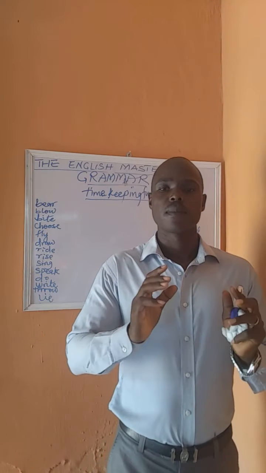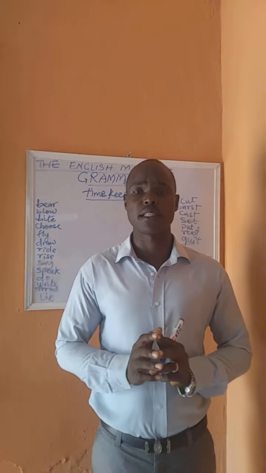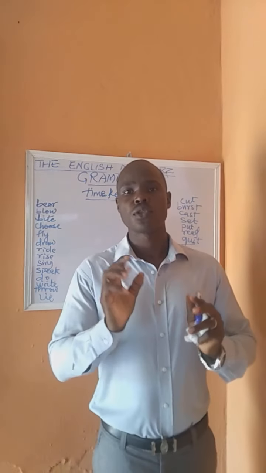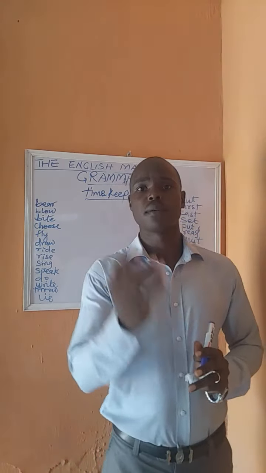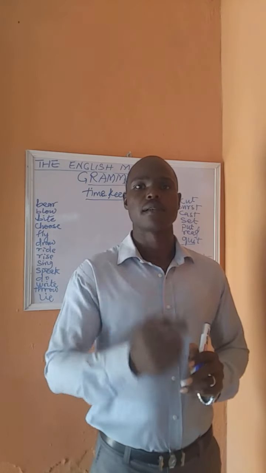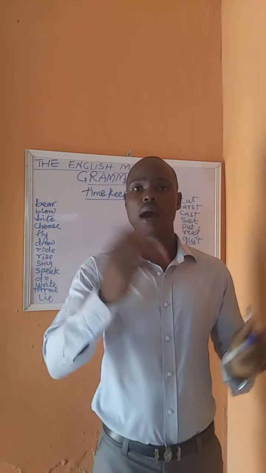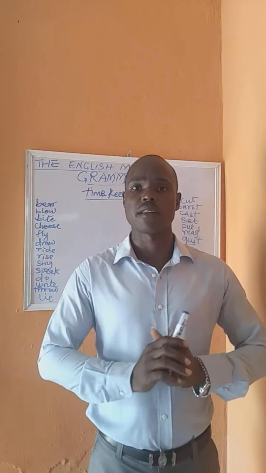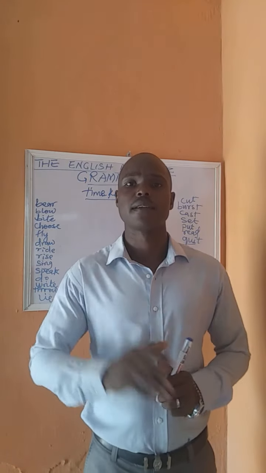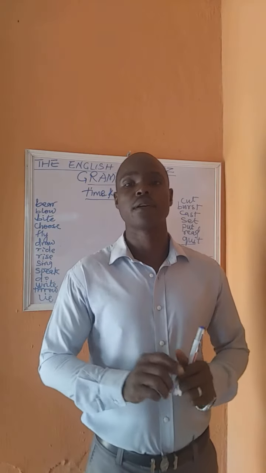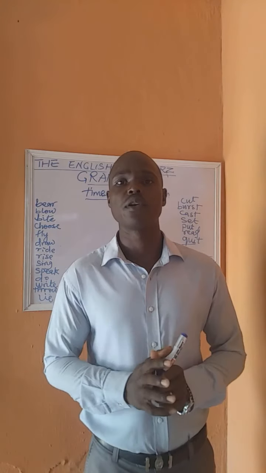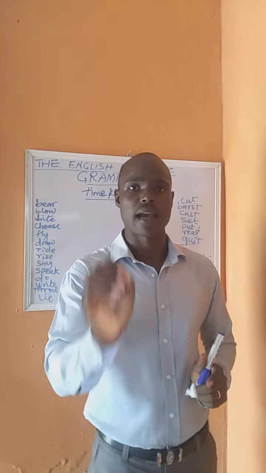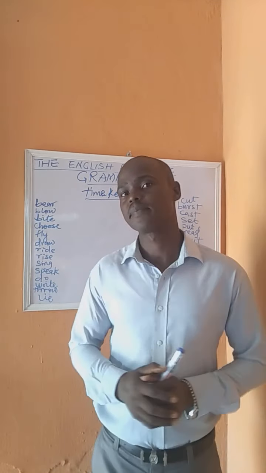Now, they are indicative in the following categories. We have the to be group. The to be group includes is, was, are, were. And another category is the to have group. The to have group has the following examples: has, have, and had.